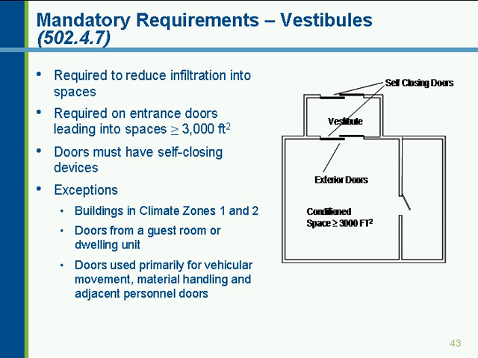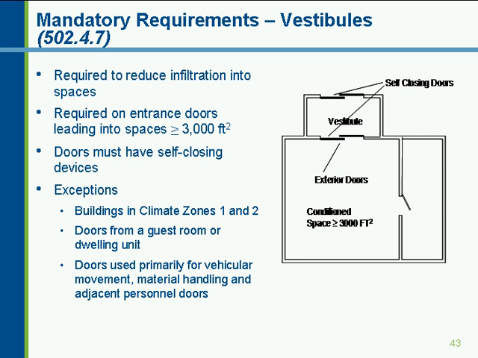Now, if you decide to go into ASHRAE 90.1 2007 to basically get out of the vestibule requirements through one of their exemptions, you will now have to comply with all of ASHRAE 90.1. So the allowance has been somewhat taken away, but let's focus right now on just what the requirements are within Chapter 5 of the IECC.